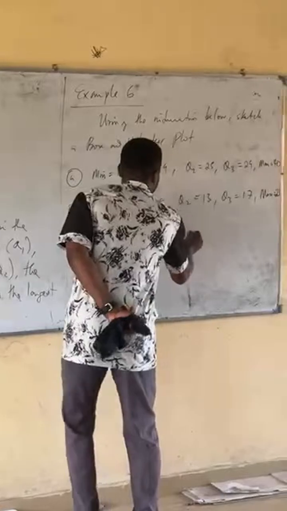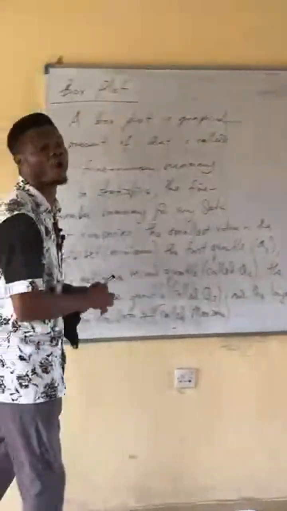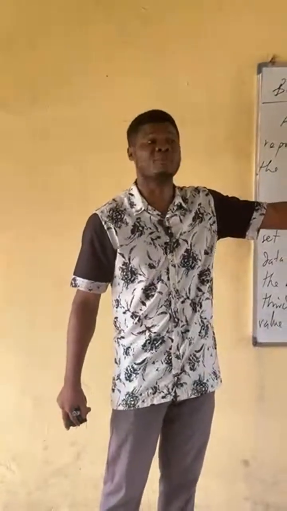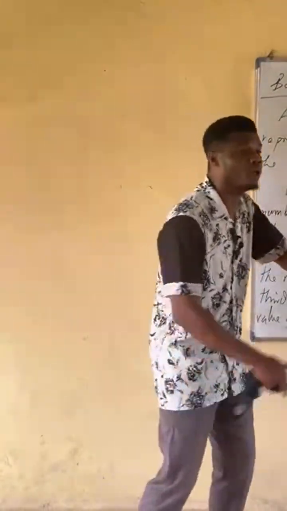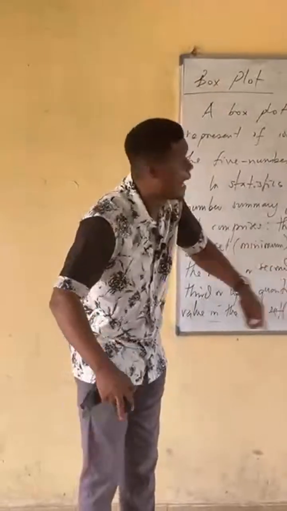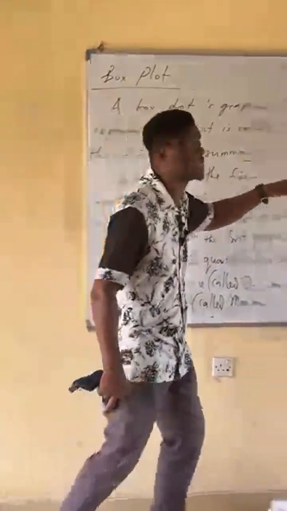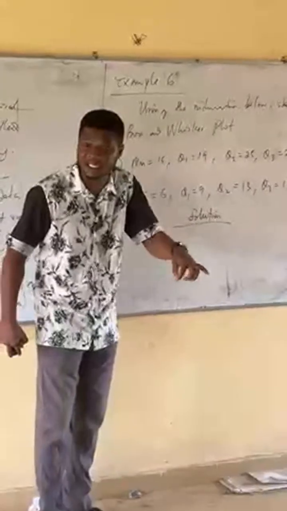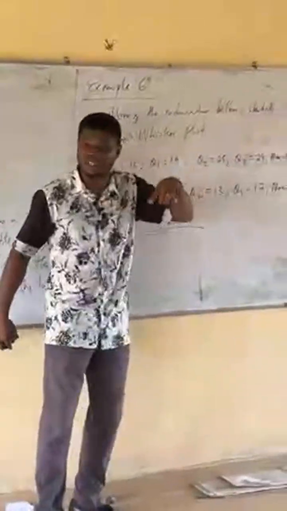So, the question says, sketch the box plot. Please, this kind of question cannot be given to you in the exam. In the exam, they would actually give you data and you will be the one to compute. The only thing you will not compute is the minimum and maximum. The minimum is the smallest value in the data set. The maximum is the largest value in the data set.